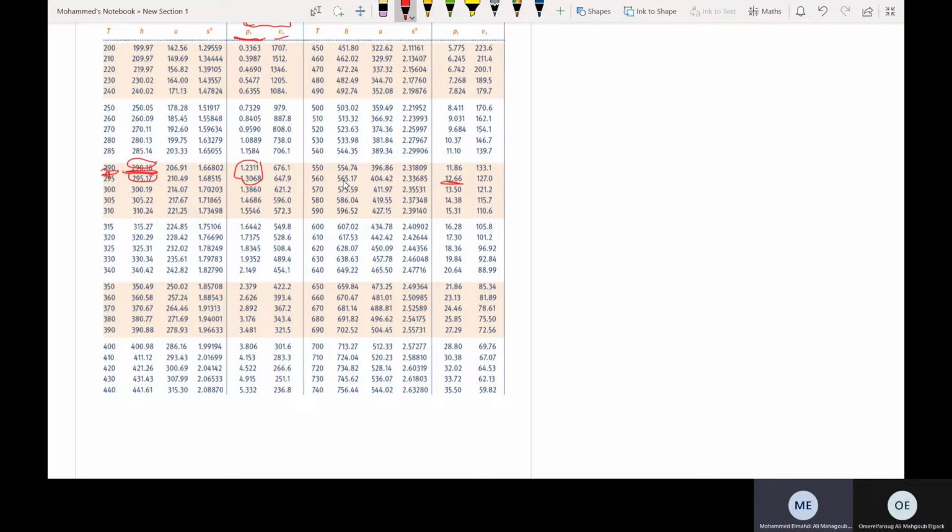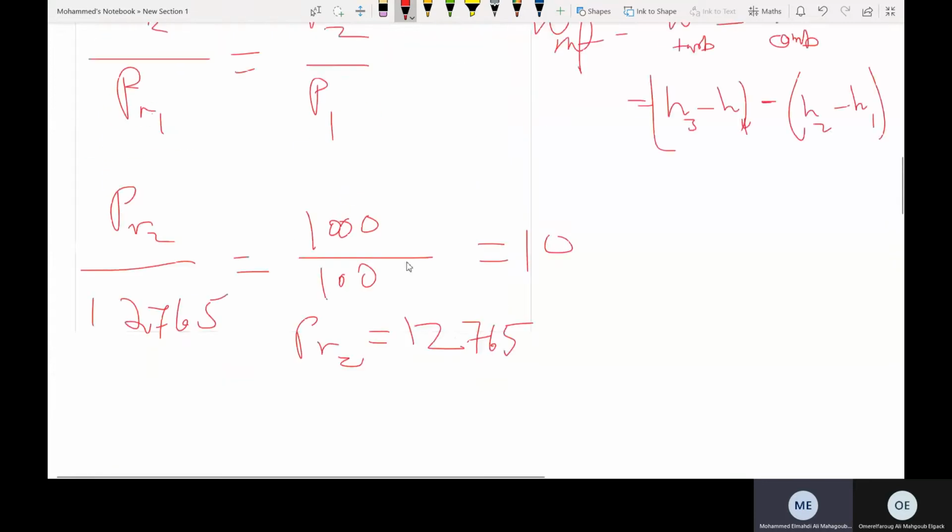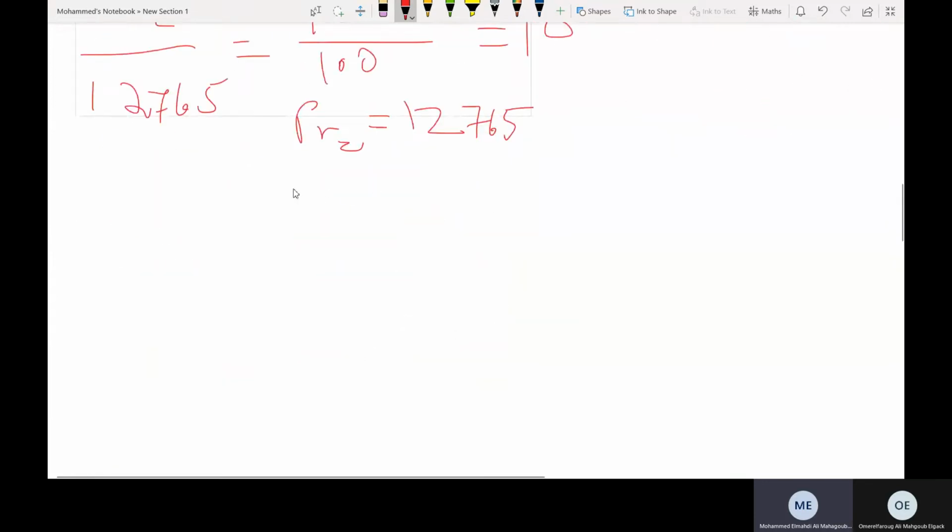So we need the H at point 2. It is going to be somewhere between here, 566.47 if you do the interpolation. Just put this value, and you know how to do interpolation. So H2 is going to be 566.47.